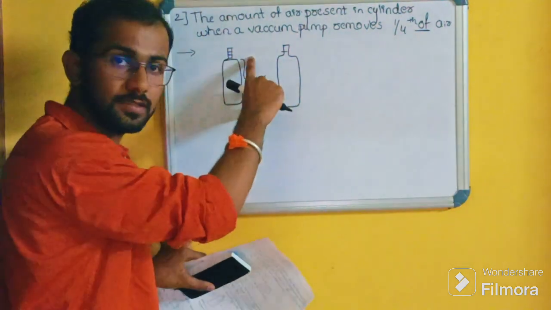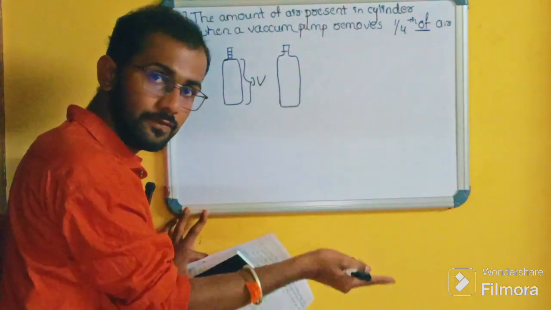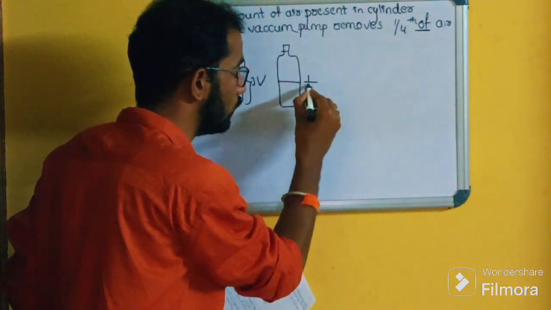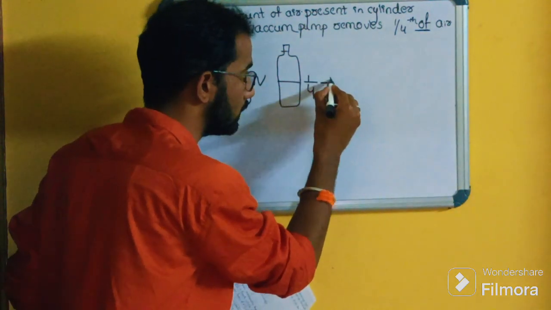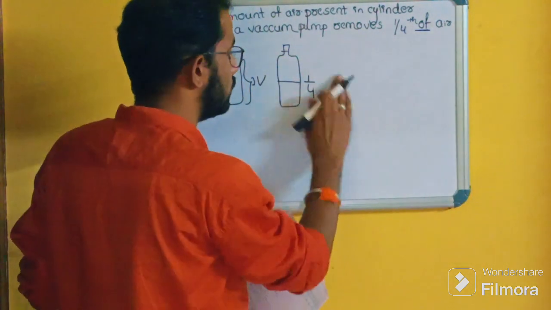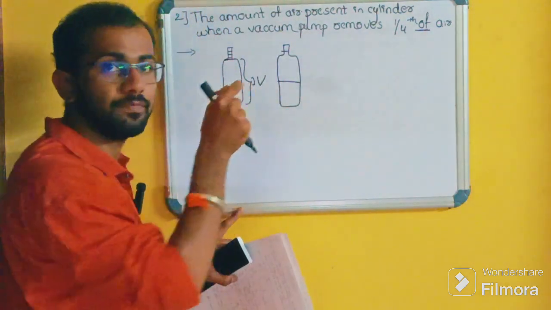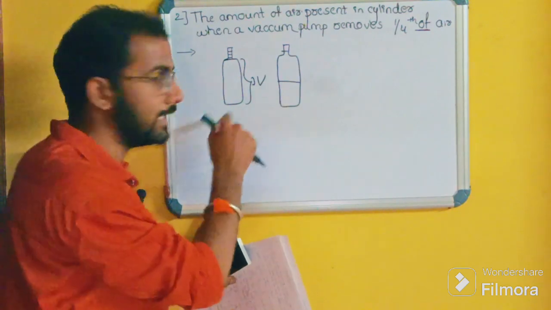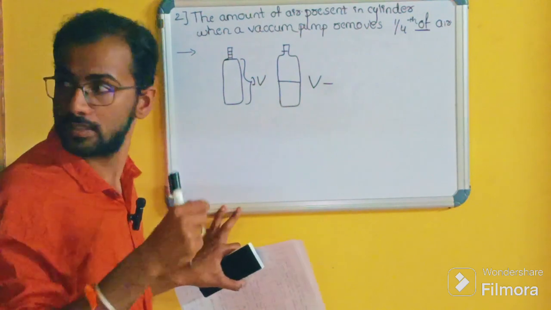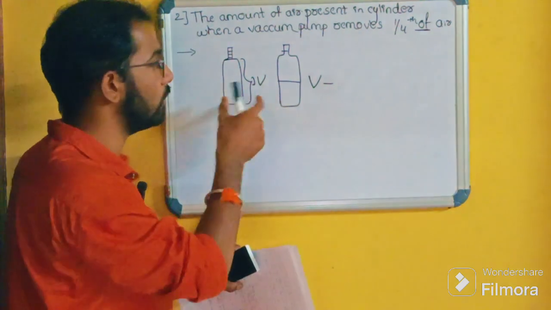The initial air is V. If you remove one fourth of the air, we need to subtract.